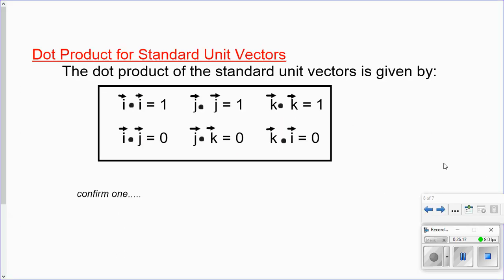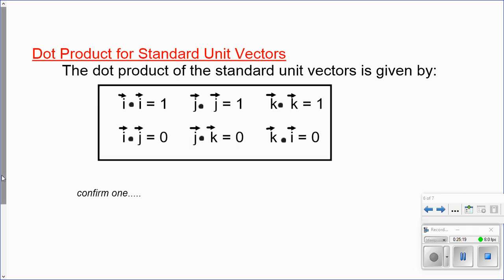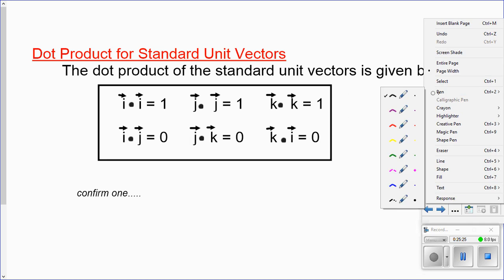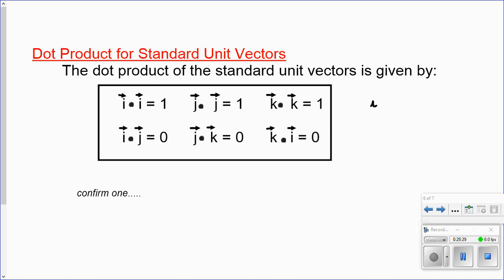Okay, last example, then some homework questions. So some dot product standard unit vectors. Our standard unit vectors are the vector i, or i hat I call it, and that's the vector along the x-axis, 1, 0, 0. j is next.